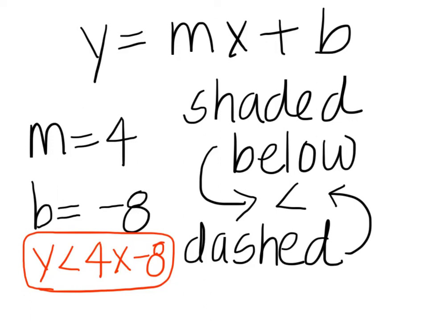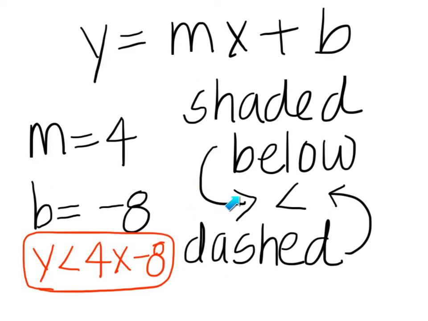So this means that our inequality would be y is less than 4x minus 8. We start off with the slope-intercept form. Our slope was 4, we figured out by changing y over changing x. We saw that the line touched the y-axis at negative 8.